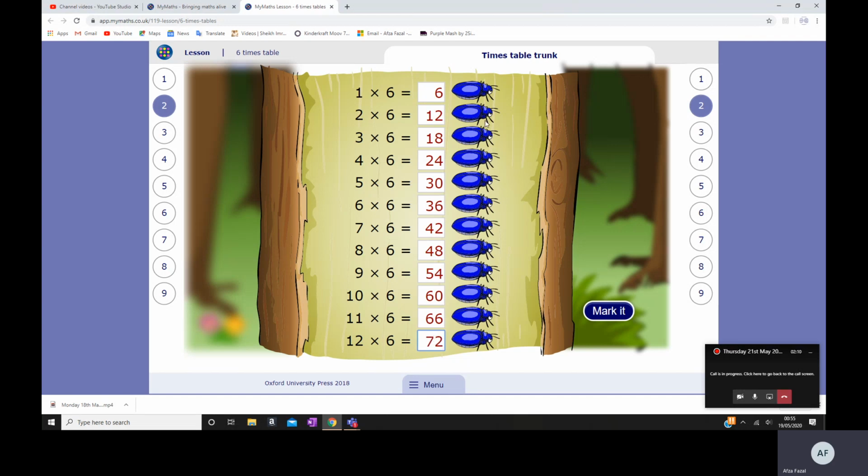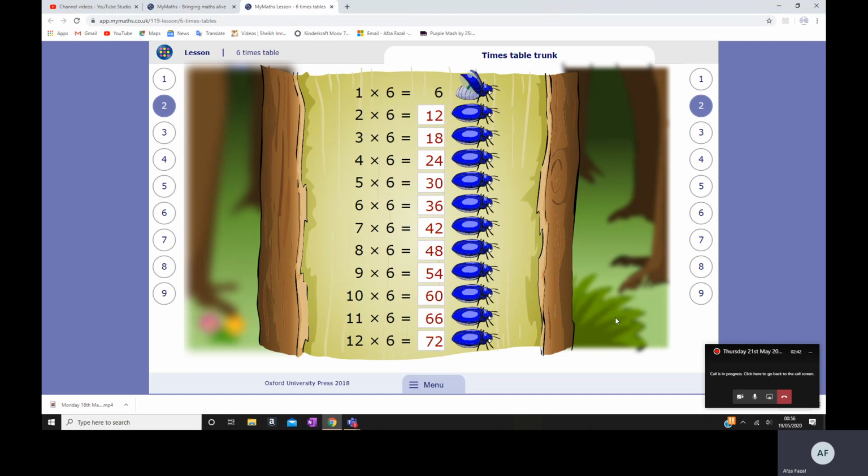Right, I'm going to go through them again because I want you to practice like this when you say times tables. The more you practice in this manner, the more you remember them. 1 times 6 is 6, 2 times 6 is 12, 3 times 6 is 18, 4 times 6 is 24, 5 times 6 is 30, 6 times 6 is 36, 7 times 6 is 42, 8 times 6 is 48, 9 times 6 is 54, 10 times 6 is 60, 11 times 6 is 66, 12 times 6 is 72.